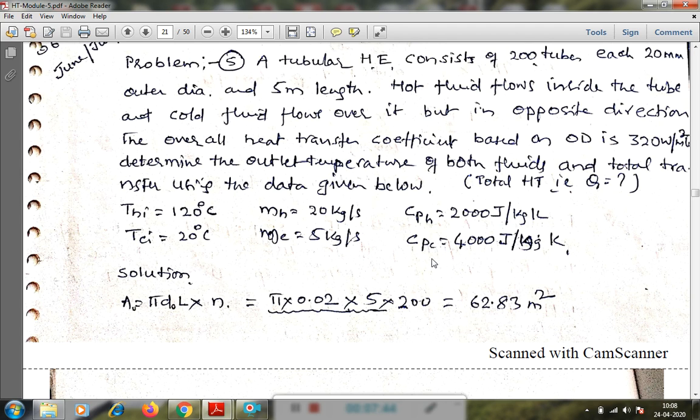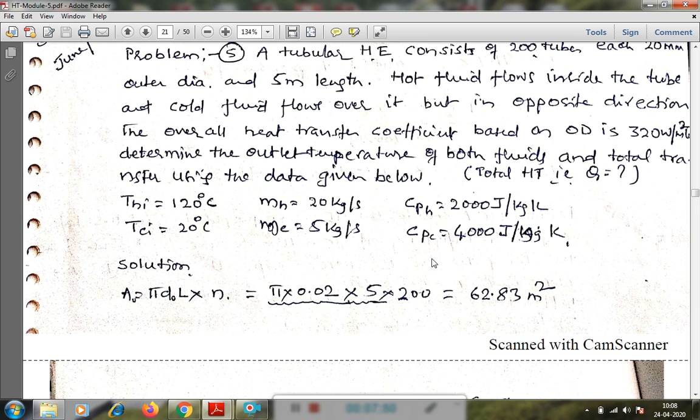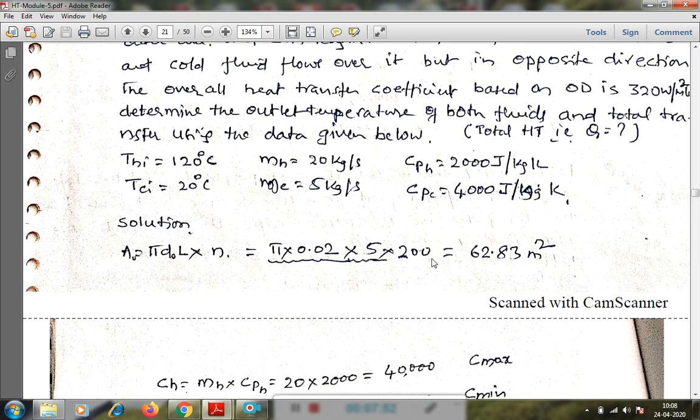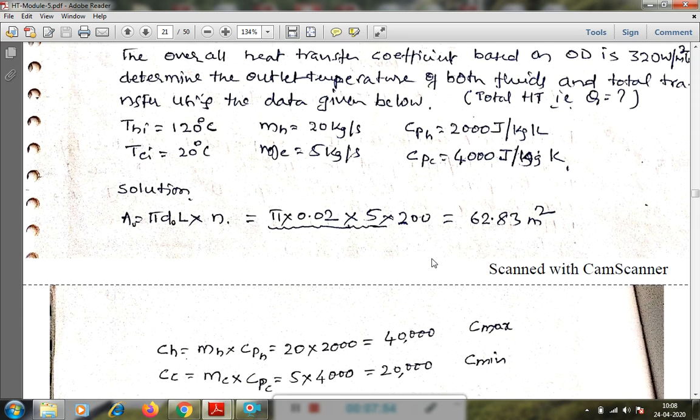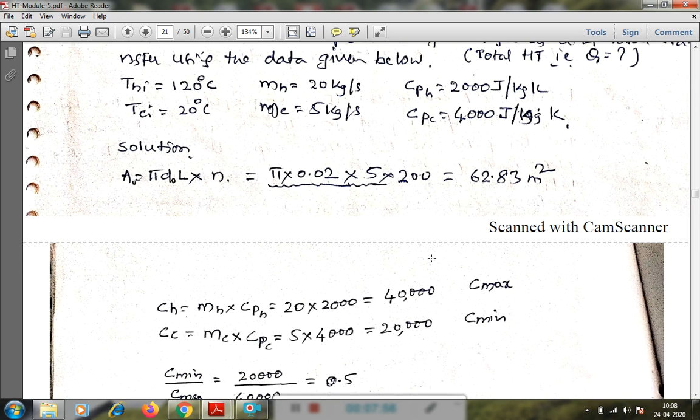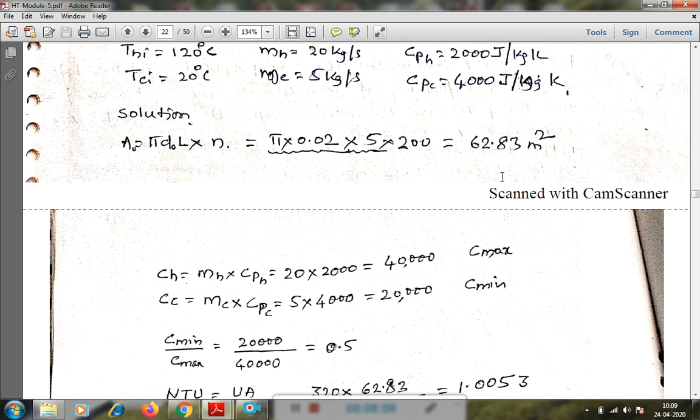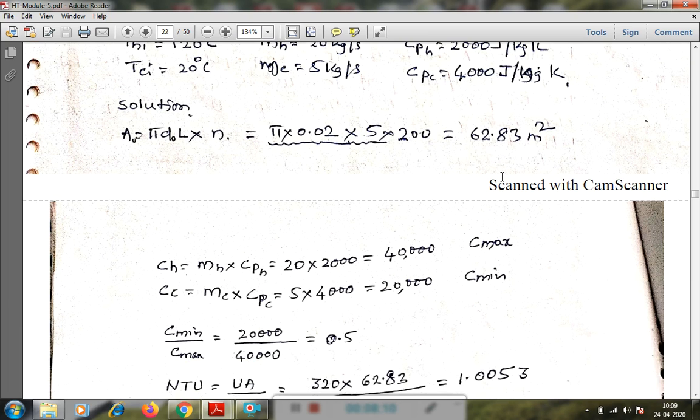Already we know that if the outlet temperatures are not easily calculated, then we have to go for the NTU effectiveness method. For that, the first thing we have to do is take the required area for the 200 tubes. The total heat transfer is asked, not only for a single pipe, so for 200 tubes the total heat transfer.